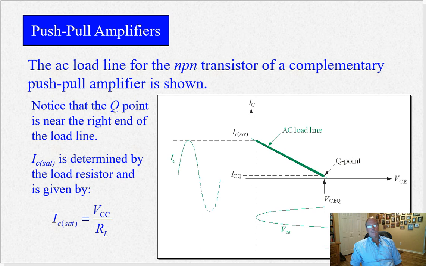And IC sat, of course, is the VCC divided by RL. That didn't change. Whenever the transistor's totally turned on, completely saturated, you're going to get IC equal to VCC divided by the load resistor.